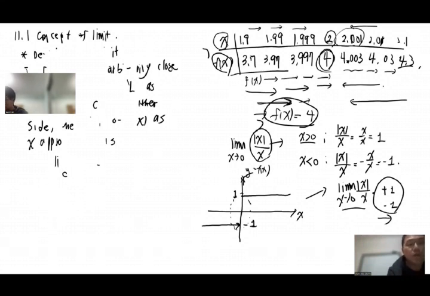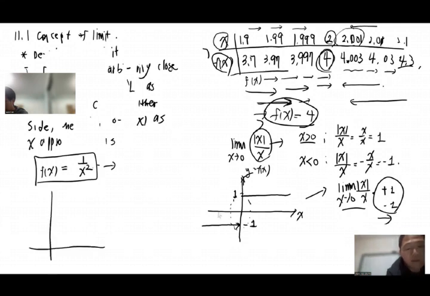So basically, if the function f(x) is proportional to 1 over x squared, then if you plot that, the value of f(x) diverges when x equals 0. You see that from this graph.